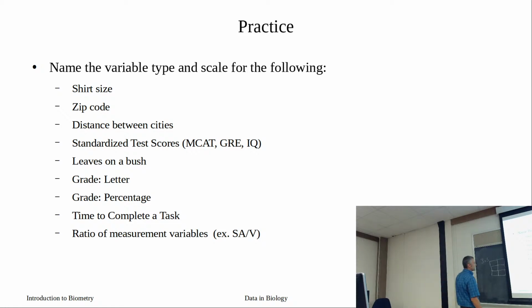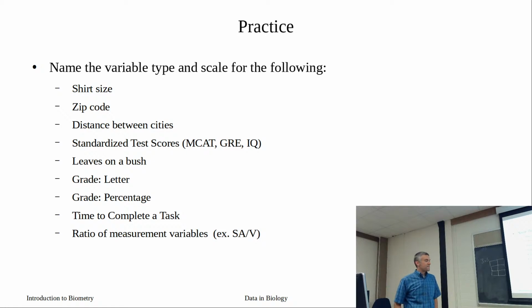All right, time to complete a task. Quantitative, continuous or discrete? Continuous. A lot of times we assign seconds or minutes, but in reality, we can get milliseconds and all of that stuff.